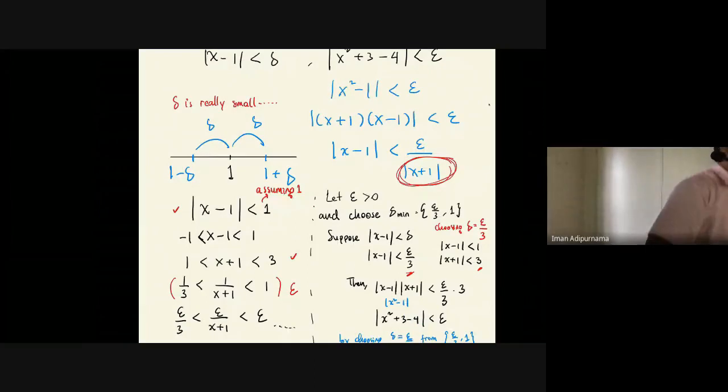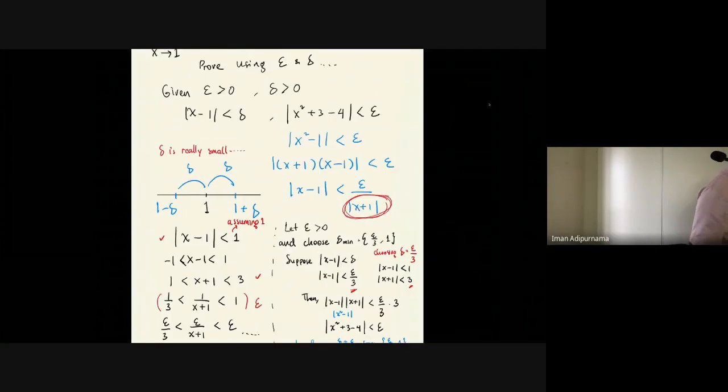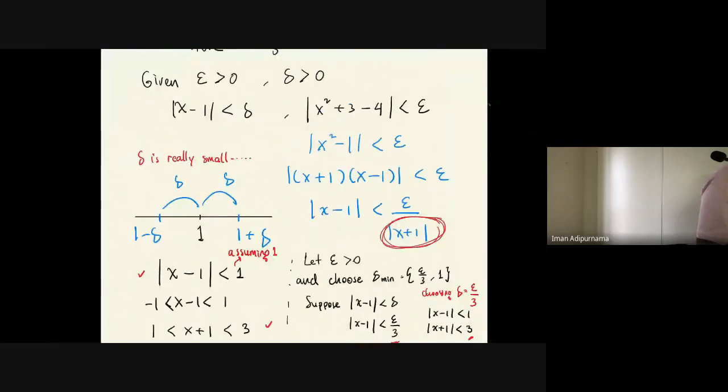Okay, any questions? Confused? It's like going forward and then back to the original one. Okay, any questions? If you are given the problem, I hope you get the idea. The idea is first finding the delta, proving the delta.